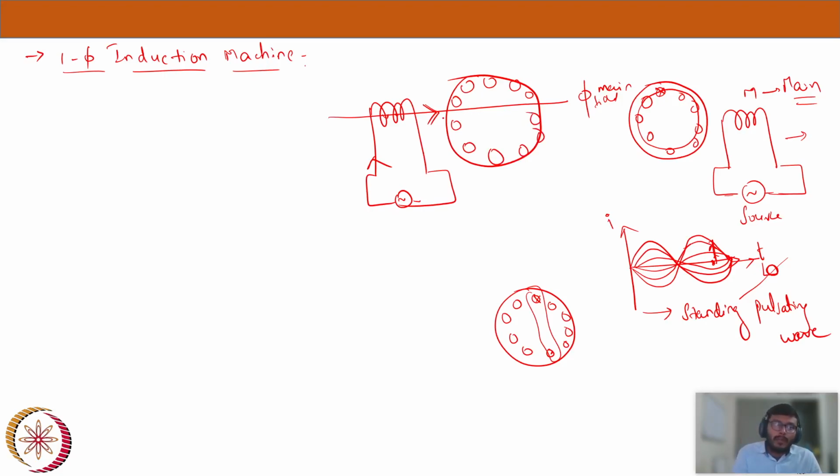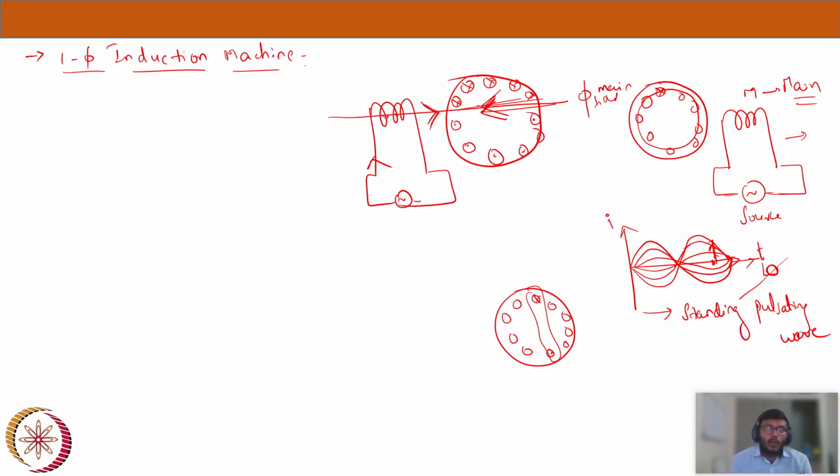So crosses will be here, and all dots will be here. This is how my rotor current distribution would be. Now my flux will be in this way, so it will oppose the cause of it, and it will try to oppose the field caused by the stator. This is how my current distribution would be.